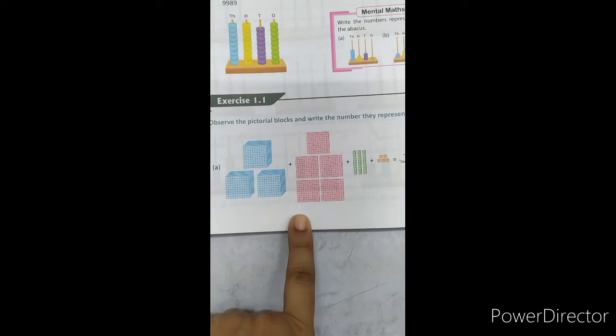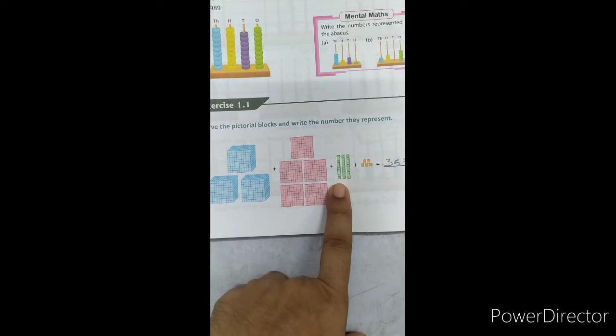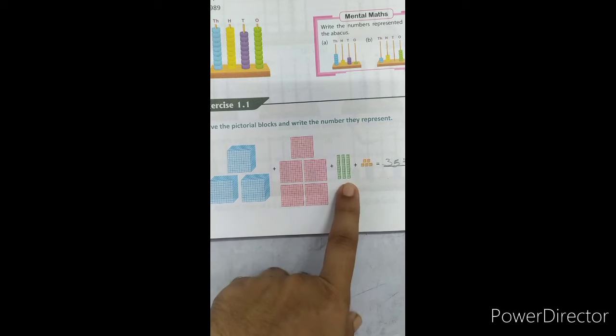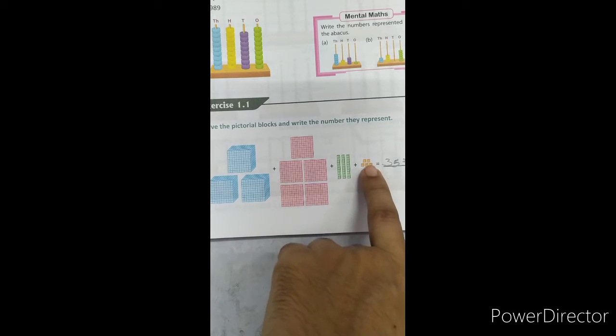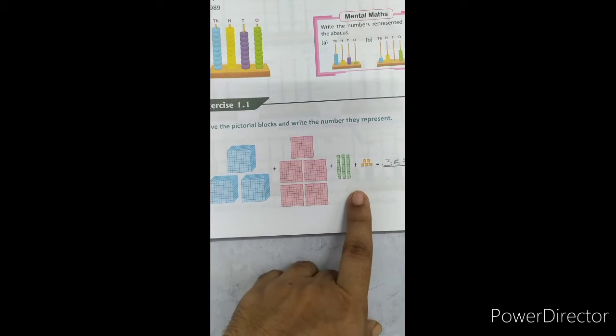Then you have green color rods. Each rod has 10 squares, so this represents your tens. Here you can find 3 rods, that means the tens position is 30. Then you have small boxes in the ones place, and there are 5 small boxes.